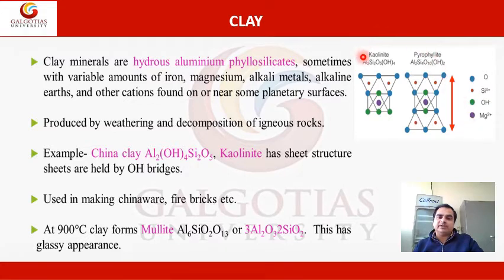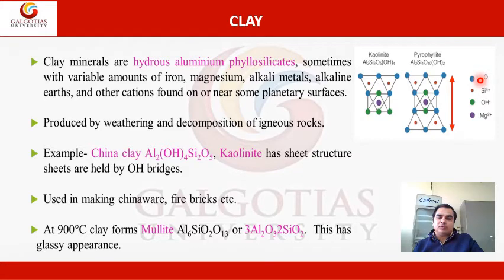That is, we have kaolinite and pyrophyllite, whose formulas are Al2Si2O5(OH)4 for kaolinite, while for pyrophyllite it is Al2Si4O10(OH)2. In the structure we can see that atoms are represented in different colors.